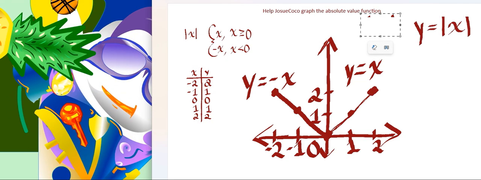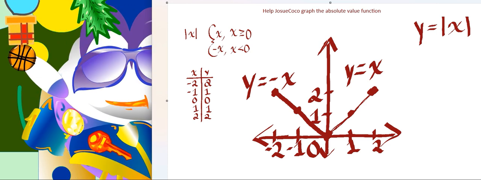For our last step, we will write the domain and the range.